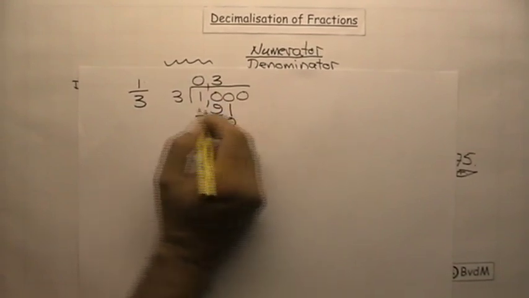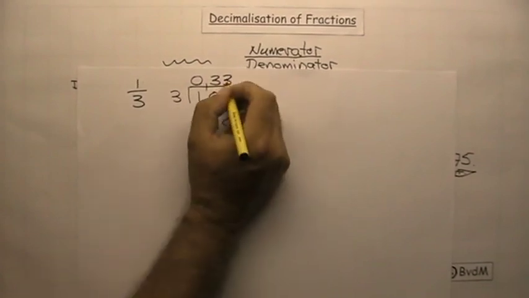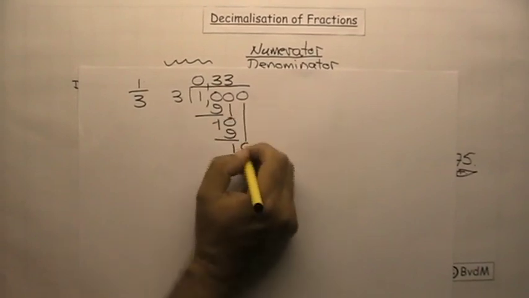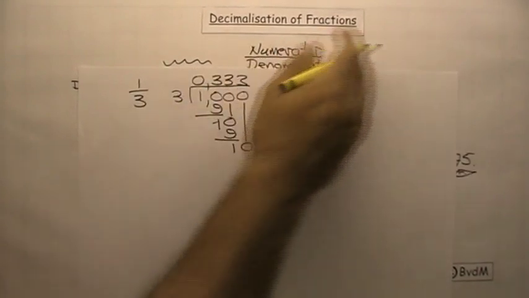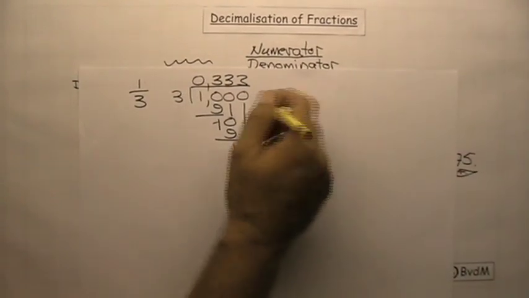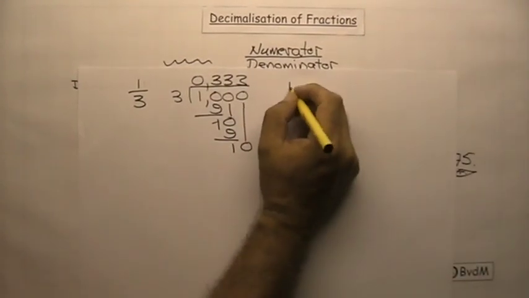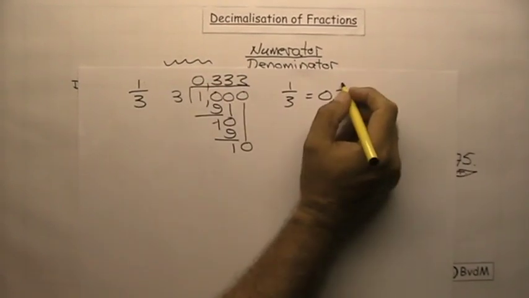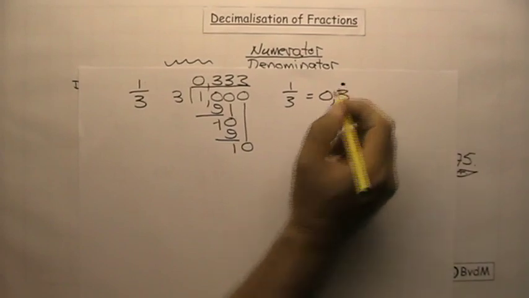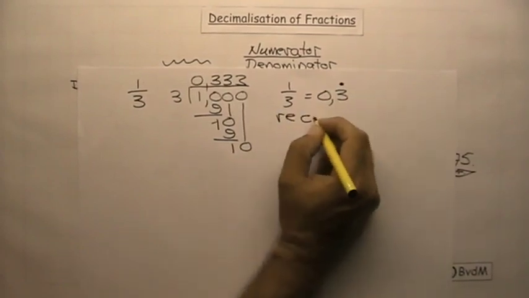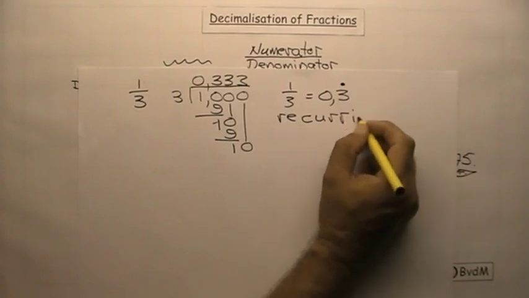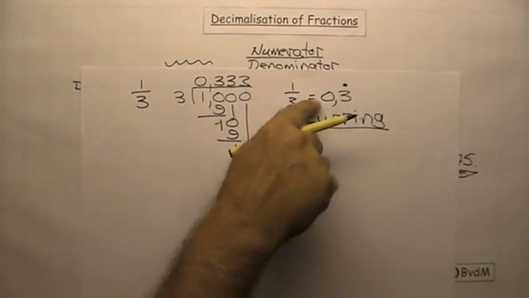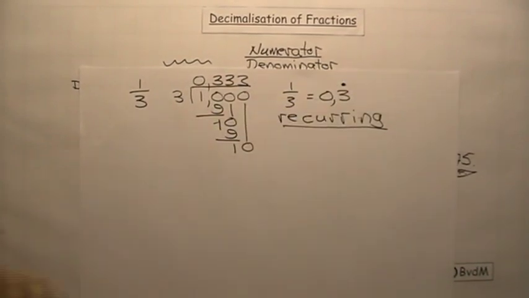Bring the nought down. 3 goes into 10 3 times. 3 times 3 is 9. 10 minus 9 is 1. Bring the nought down. You're going to see, you're going to keep on writing 3's ad infinitum, forever and ever. So 1 over 3 can be written as 0, and I know that 3 is never going to stop, so we call it a recurring 3. Recurring is spelled R-E-C-U-R-R-I-N-G. A third I write now as 0,3 recurring.